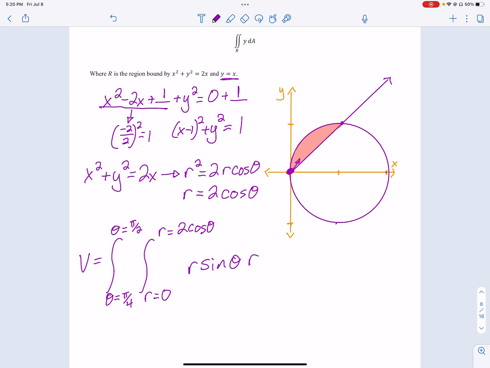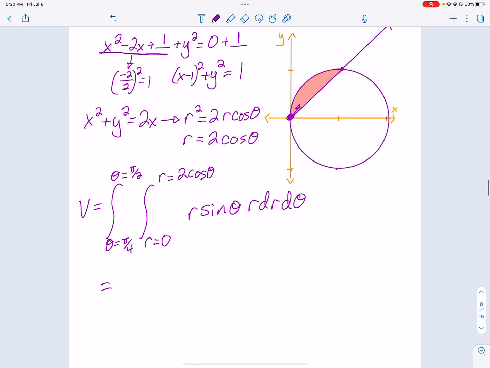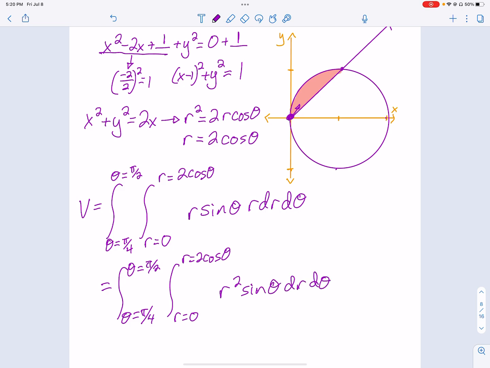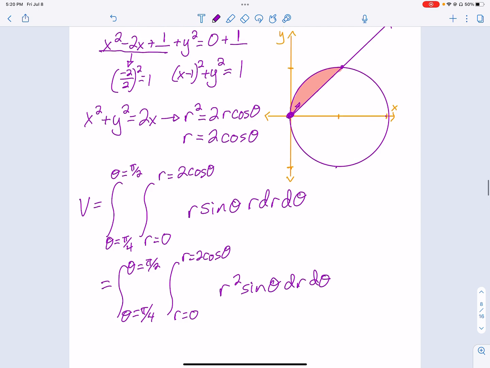I got really sloppy there. R dr d theta. All right, so if I rewrite this, I get theta equals pi over 4, theta equals pi over 2, r equals 0, and r equals 2 cosine theta. Then we have r squared. We did all that just to put those two r's together. Dr d theta. All right, so now we can take our integral.